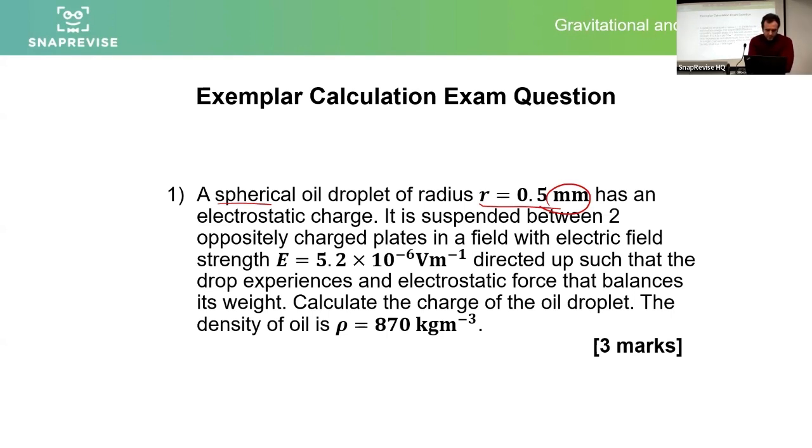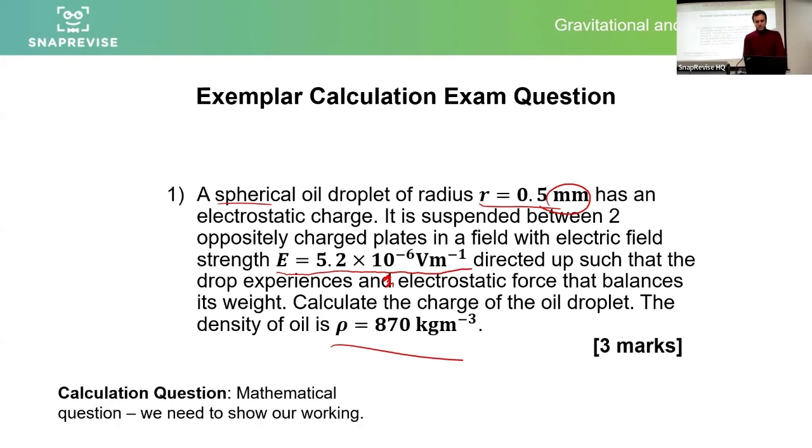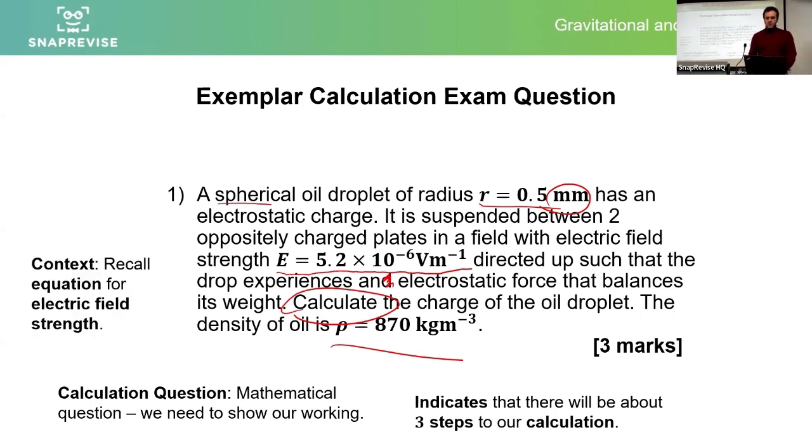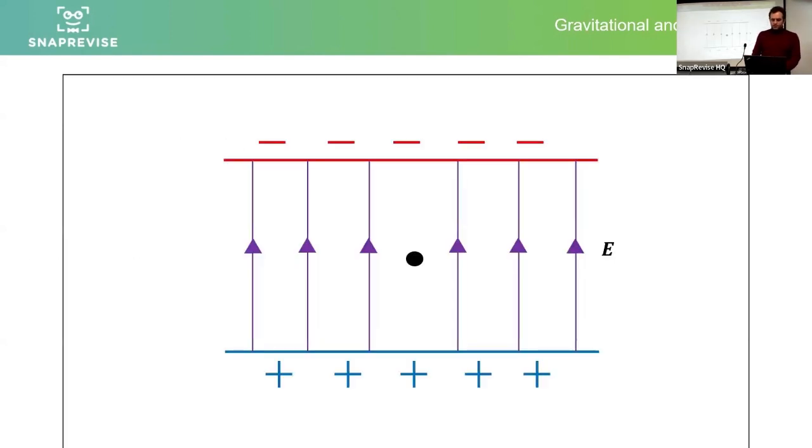In a field with electric field strength 5.2 times 10 to the minus 6 volts per meter, directed up such that the drop experiences an electrostatic force that balances its weight. Calculate the charge of the oil droplet. The density of oil is given as 870 kilograms per meter cubed. Okay, calculate is our command word. 3 marks. We're expecting 3 steps in our calculation.